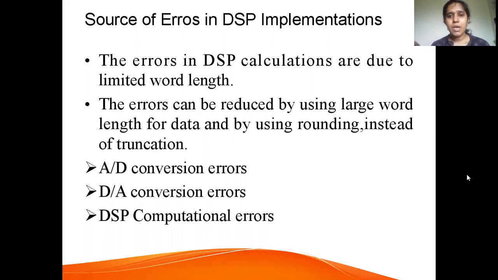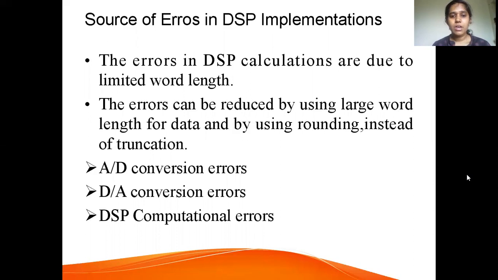Some can be observed in the D2A, digital to analog block, and some computationally, while doing computational processing in the DSP block. There may be a chance of some errors occurring. These errors are of different kinds, like quantization error and rounding off error. All these are errors which you do observe.